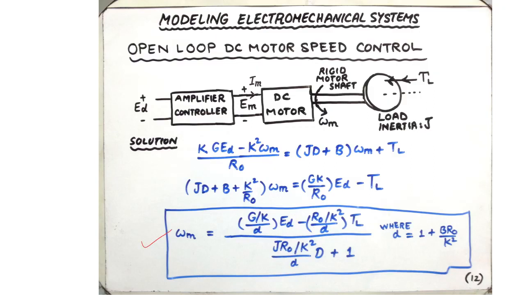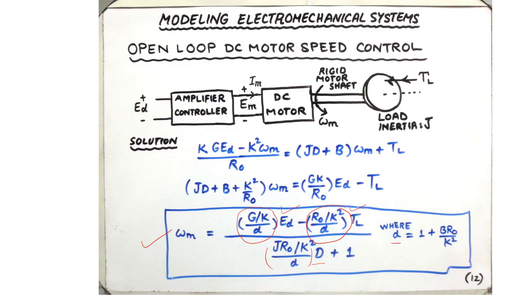We note that this is a first order system, because in the denominator we have only one derivative operator. In the numerator we have the two inputs with corresponding weights given here, and all the terms have a common denominator, small d.